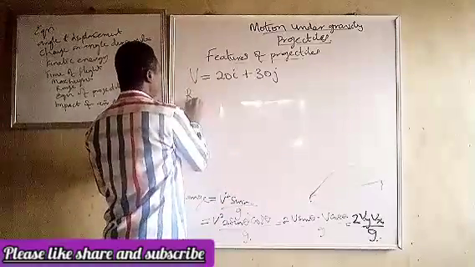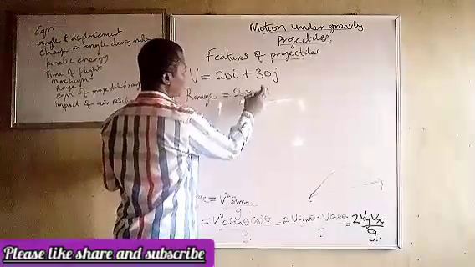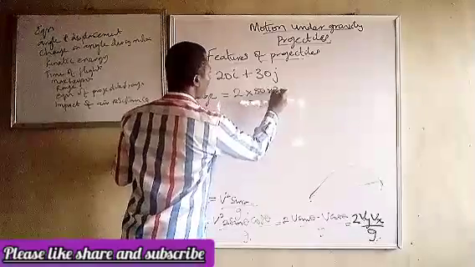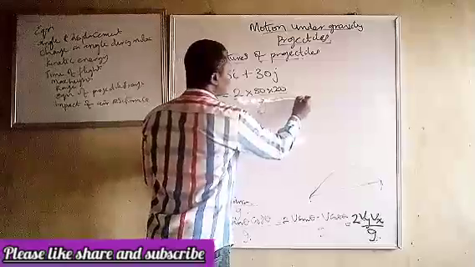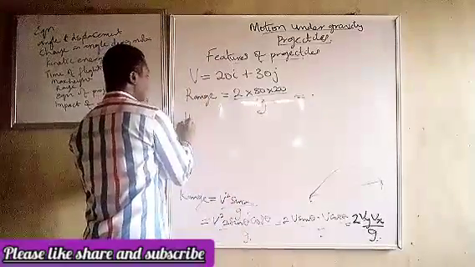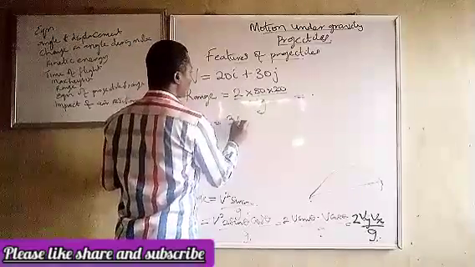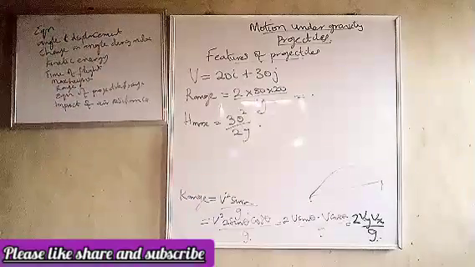So range will be equal to 2 times Vy Vx over g. Assume g is 10, so you can see how you can solve it straight. Maximum height will be equal to 30 squared over 2g. Straight, direct. You solve your problem there.